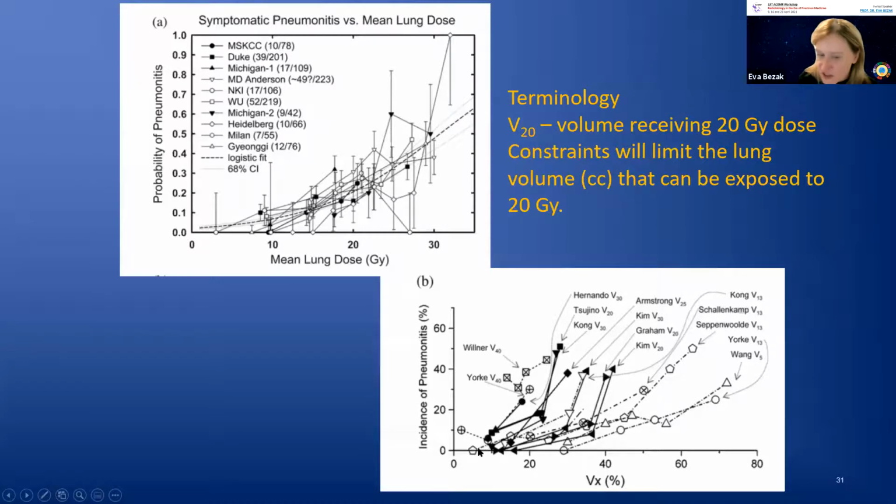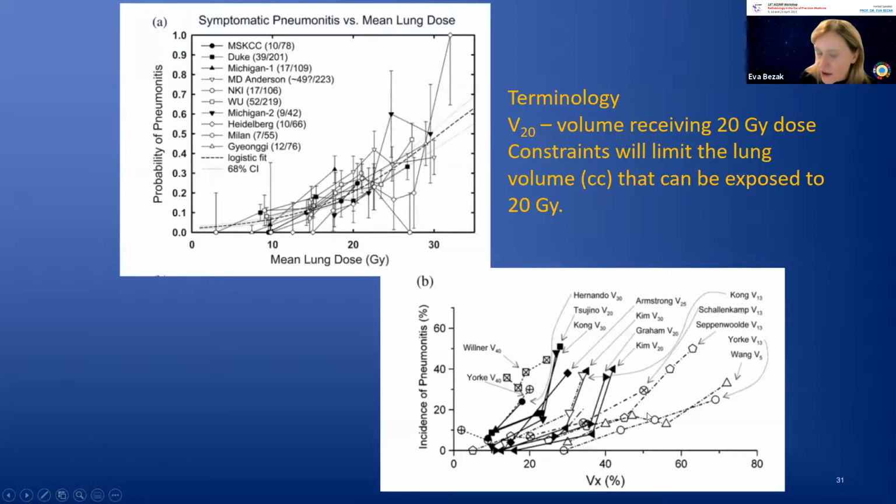And what do you see? If the lung receives 40 grays, the incidence of pneumonitis increases. And if that volume that receives 40 grays increases, the incidence of pneumonitis goes nearly vertically up. So there is a strong dose volume dependence.